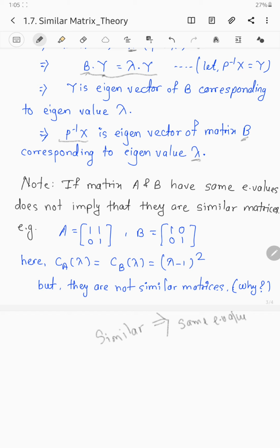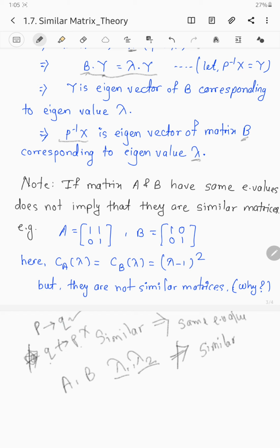But if there are two matrices A and B that both have the same eigenvalues, suppose lambda 1 and lambda 2, it need not say the matrices are similar. As we all know, P implies Q does not imply that Q implies P. P implies Q is true, but Q implies P need not be true.